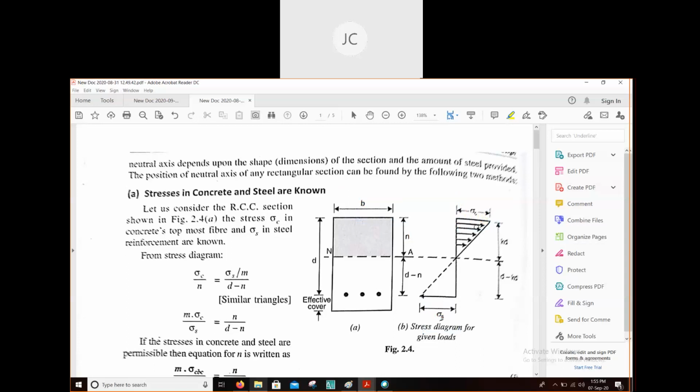I have given you 90% of the answer. Just tell me how to find it. We have this value, we have this height, and the topmost height is also given, 50 millimeter. So how to find out? I think we have to subtract 50. We have to use the property of similar triangles.